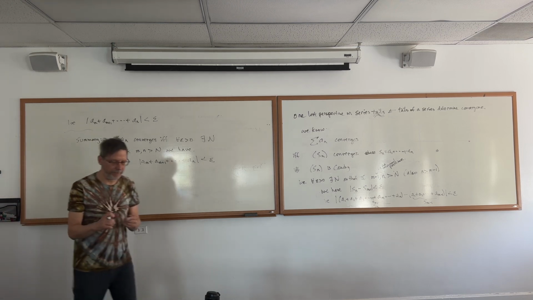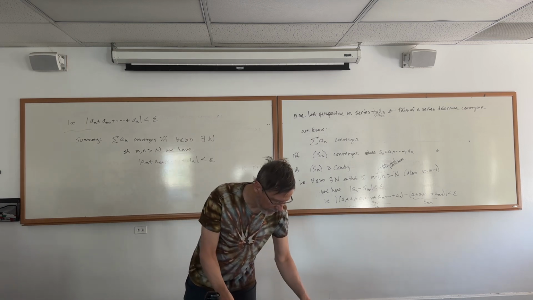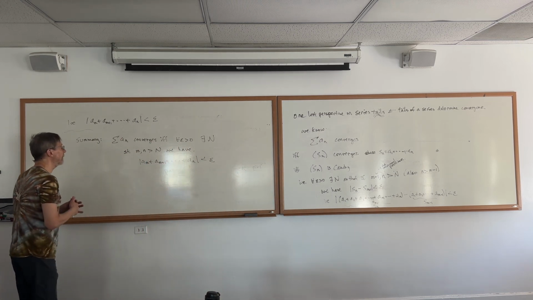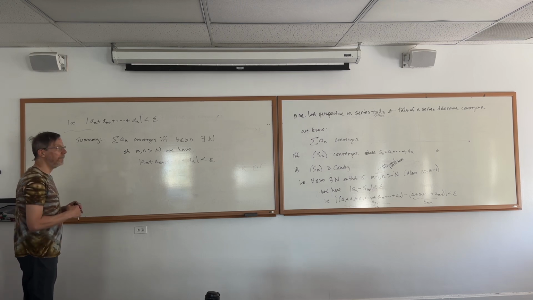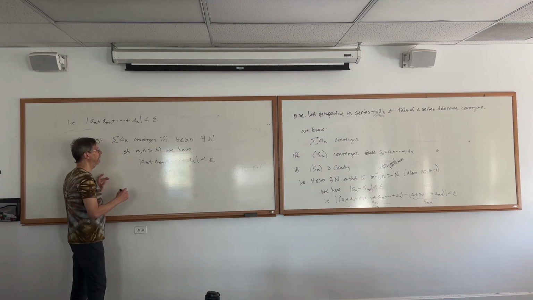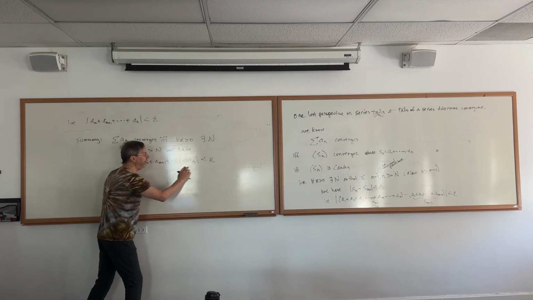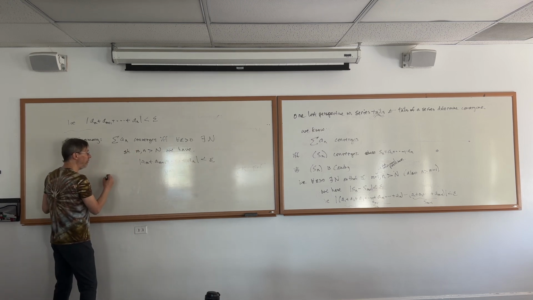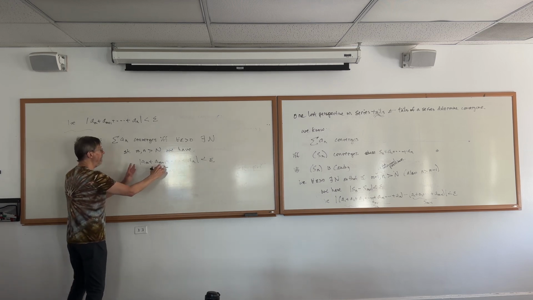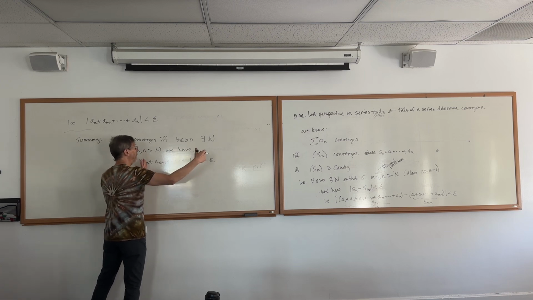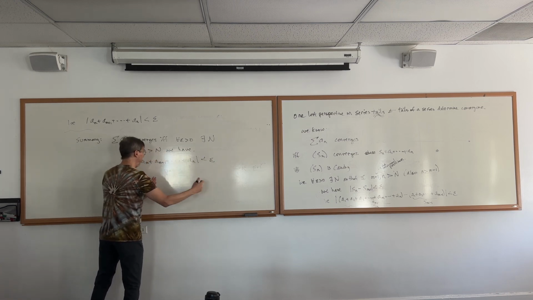Let's talk about it. This essentially means the tail is dying out. You tell me how small you want the tail to be, and I can find a spot where no matter what chunk of the tail I pick past that point, it achieves that smallness of magnitude.